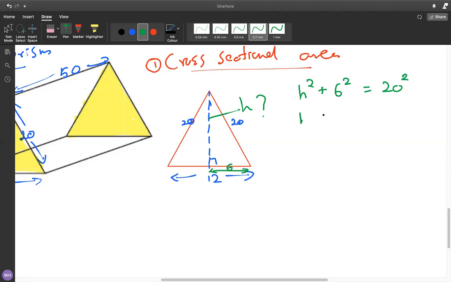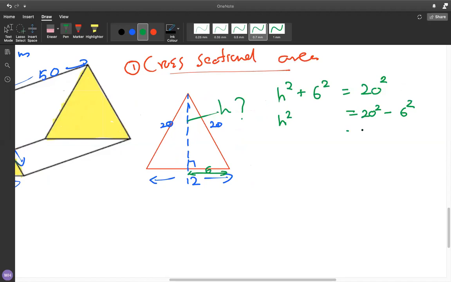Then h squared equals 20 squared minus 6 squared. 20 squared is 400 and 6 squared is 36. Subtracting gives 364.